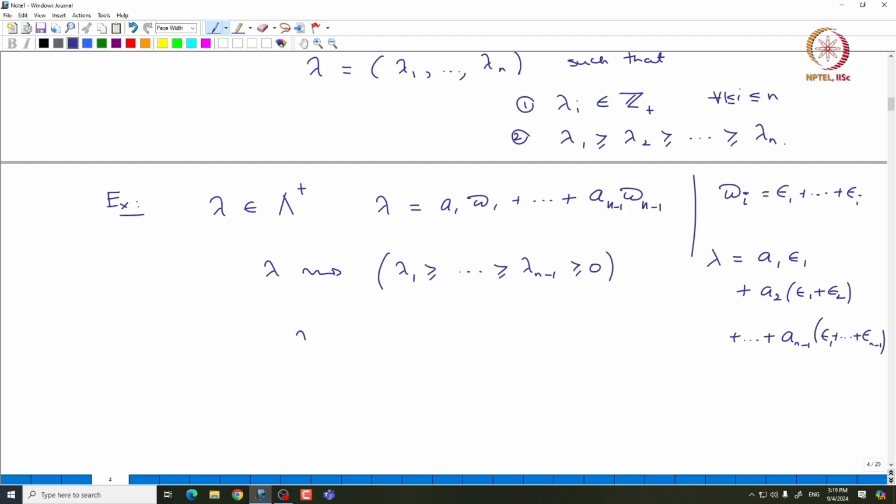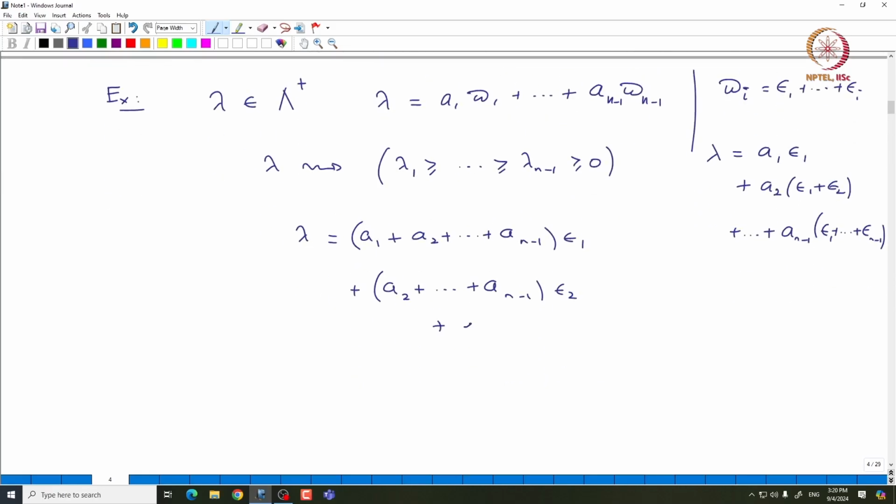Now, if you take lambda and write it in terms of this epsilon i basis, you can see that this is given by a1 plus a2 plus etc. plus a n minus 1 times epsilon 1, plus a2 plus etc. plus a n minus 1 times epsilon 2, and so on, up to a n minus 1 epsilon n minus 1.